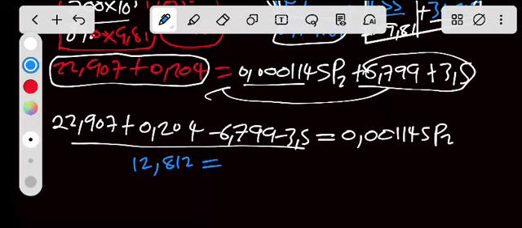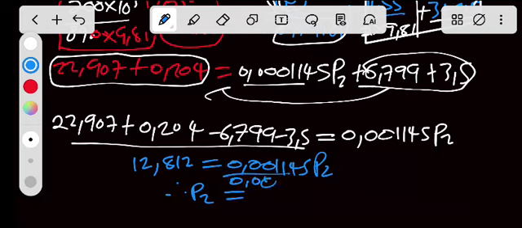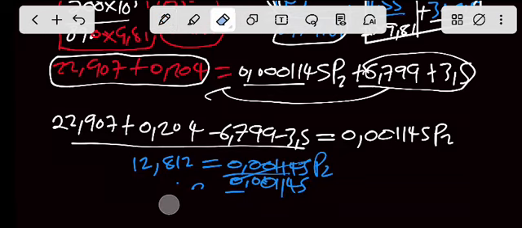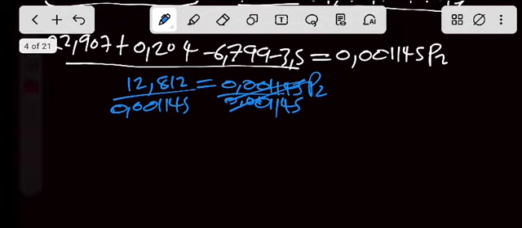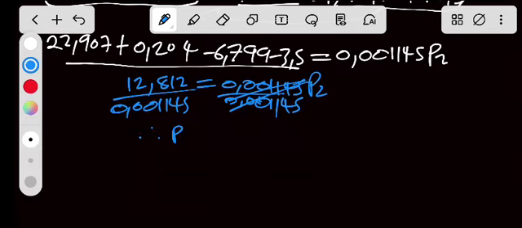This must be equal to 0.001145 P2. Then we have P2, you divide both sides by 0.001145, you know most of the maths. Then if you do that, you'll have P2. If you punch this, what are we going to obtain?